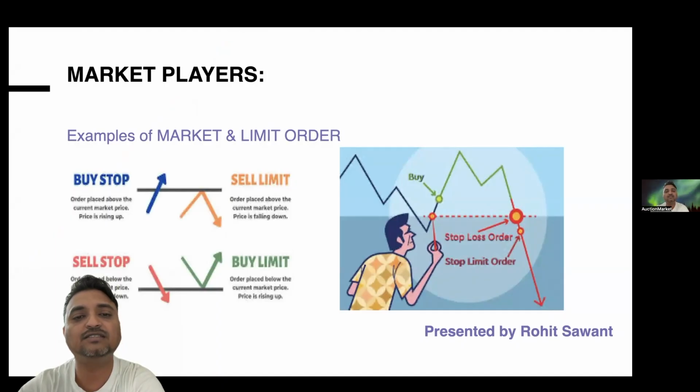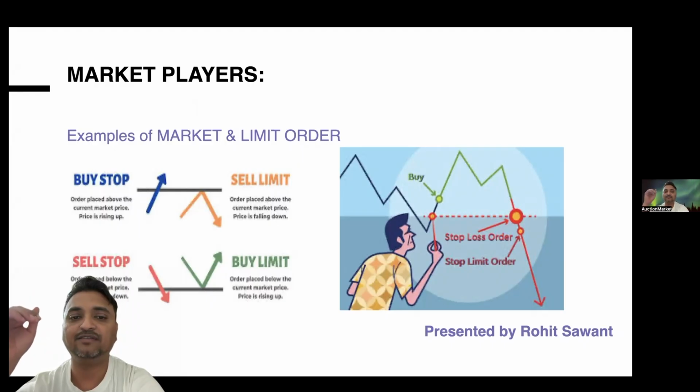We have to understand we have limit sellers over there. As you can see in the first picture, we have limit sellers over there. They are not allowing the price to go up to the desired level. Why? Because we have limit sellers at that particular point. So that's the reason the price is not going up.